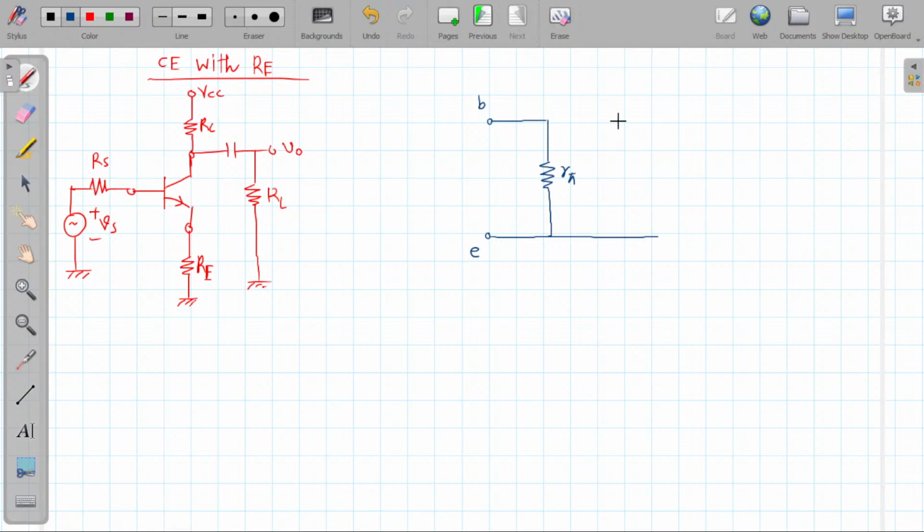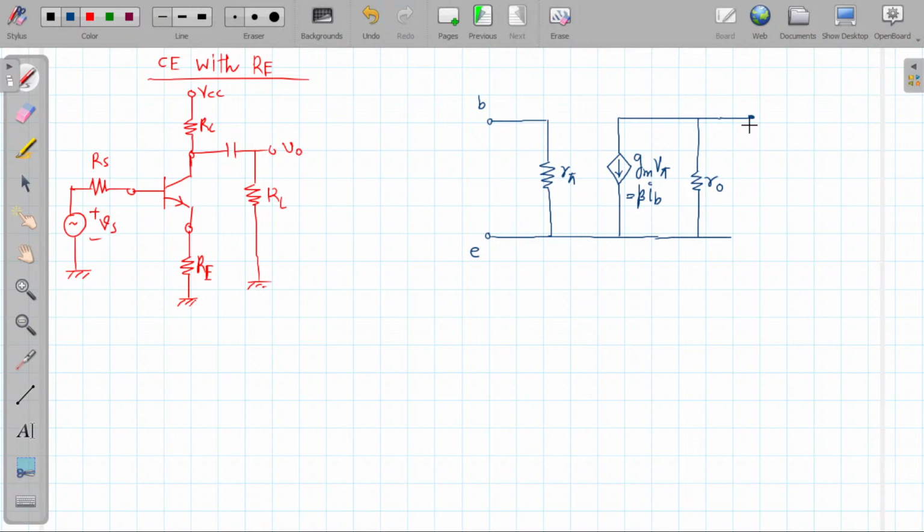Then here there was a dependent current source. So this is the dependent current source, that is gm into V pi, which will be equal to beta into IB, and there will be a parallel R0 resistance.